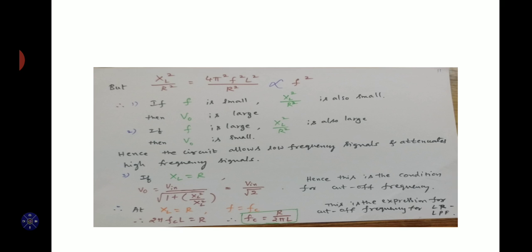Suppose the inductive reactance equals R, XL equals R. Then if you substitute XL equals R in equation 2, you get V0 equals Vin by square root of 1 plus XL square by XL square, that is equal to Vin by root 2. So this is the condition for the cutoff frequency.